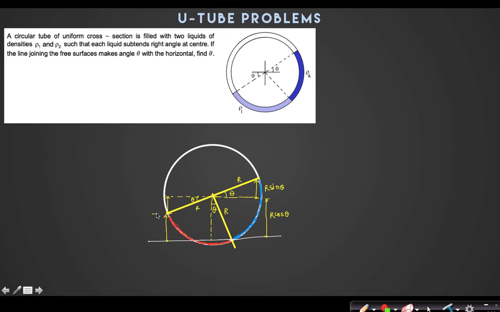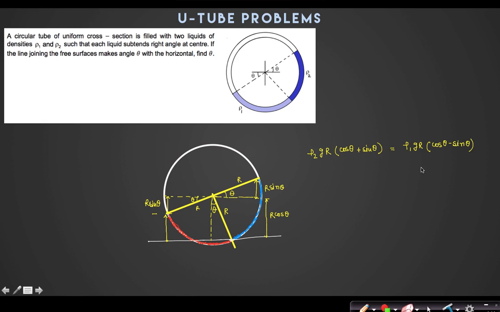So I can say this height is r cos theta minus r sin theta, and this height is r cos theta plus r sin theta. Right? It is also r sin theta. So can I say rho 2 into g into r (cos theta plus sin theta) is equal to rho 1 g r into (cos theta minus sin theta)?